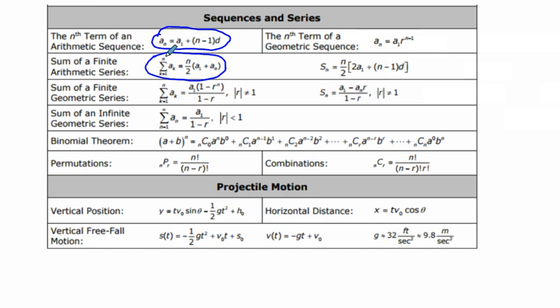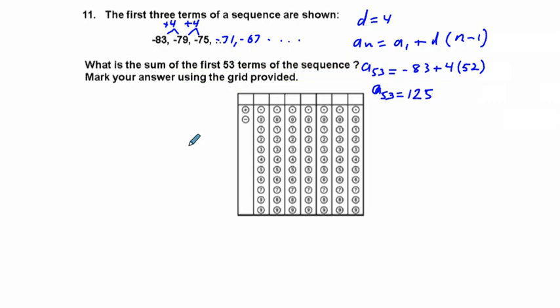Okay, and I'm going to write it out. What you have is n, the total number of terms, divided by 2, times the sum of the first and the last terms. And then we have this notation on the left, the summation notation.